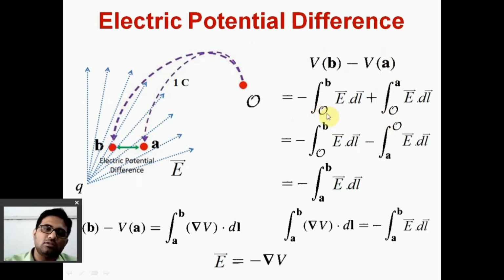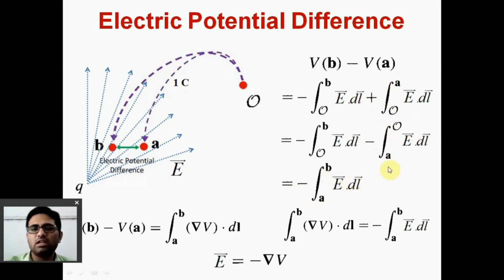So minus reference point to B of E dot dl, then minus of minus, that is plus, reference point to A of E dot dl, and then we are changing the integral reference. That means this is A to the reference point. That's why this negative sign is coming, and we can merge this, and this will come like minus A to B of E dot dl.